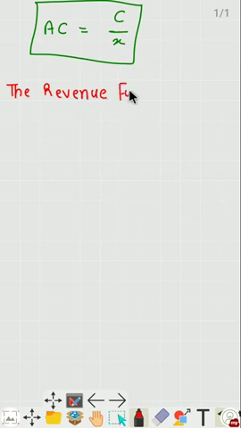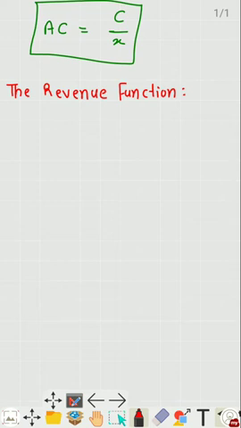The revenue function is in fact the total amount received by the manufacturer when x items are sold. Hence it is the total revenue function. When x items are sold, the total amount received by the manufacturer is called the total revenue.